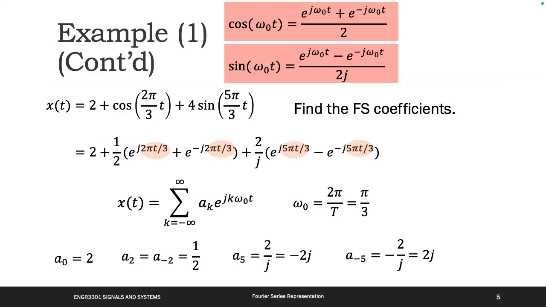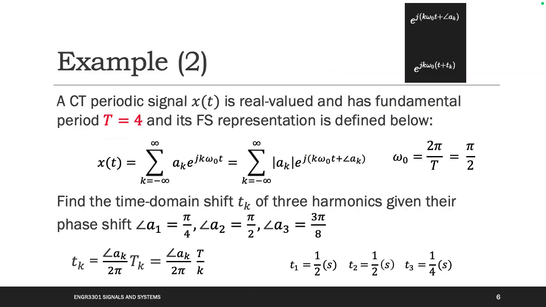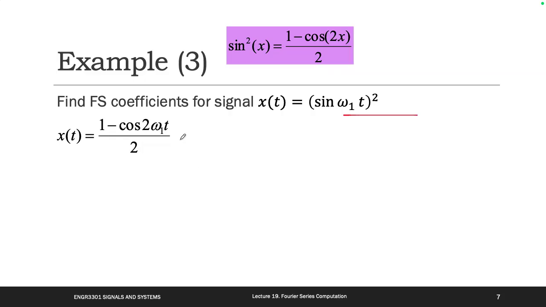So for this equation, it's a similar thing. We want to transfer it to the complex exponential form, and then see if we can find the FS coefficient directly. So how can we convert this to the complex exponential form?